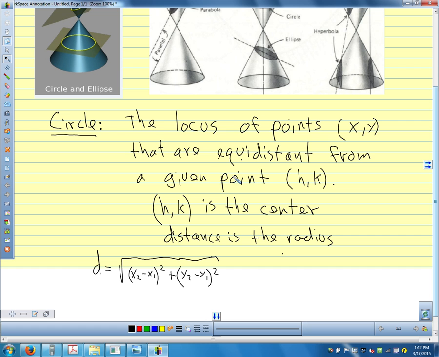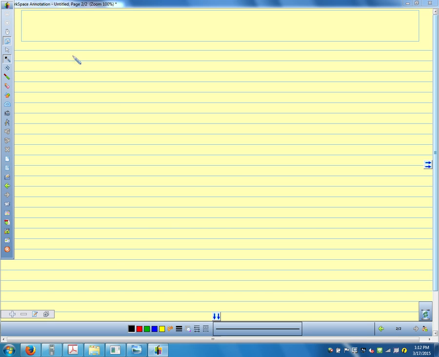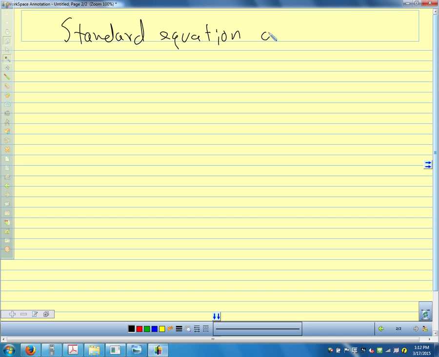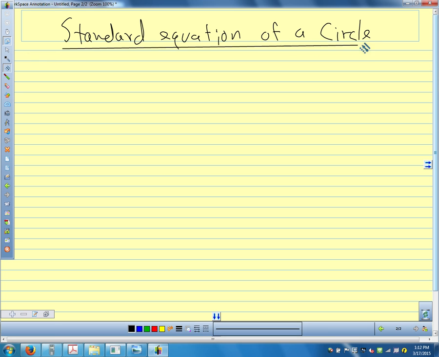So we're good with all of this. So our standard equation, and pretty much everything that we do in this section and everything we do in this chapter is going to have to do with these standard equations.